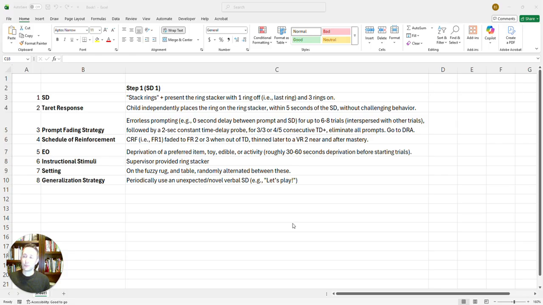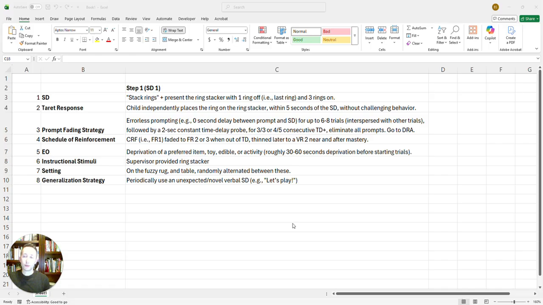I'm asking that question because right now it's an antecedent. The child does not reliably perform the target response, which means the antecedent combination of "stack rings" and the ring stacker with 1 ring off does not function as an evocative antecedent stimulus that momentarily and reliably increases the probability that the target response will occur.